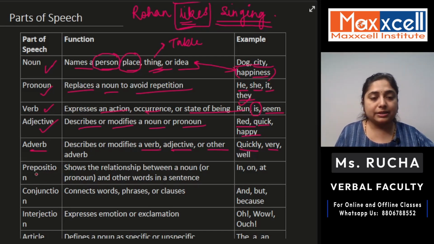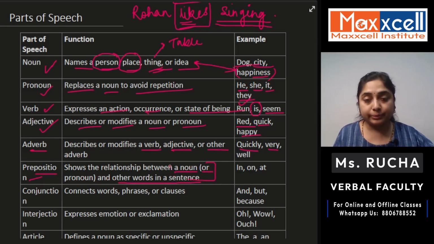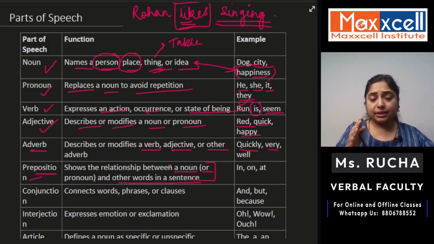Now the next is preposition. What do you mean by preposition here? Preposition is the relationship between a noun or of course pronoun and other words in a sentence. But more than this definition, the old definition that you have read, right? Preposition basically means a word that is telling us the position of the noun.